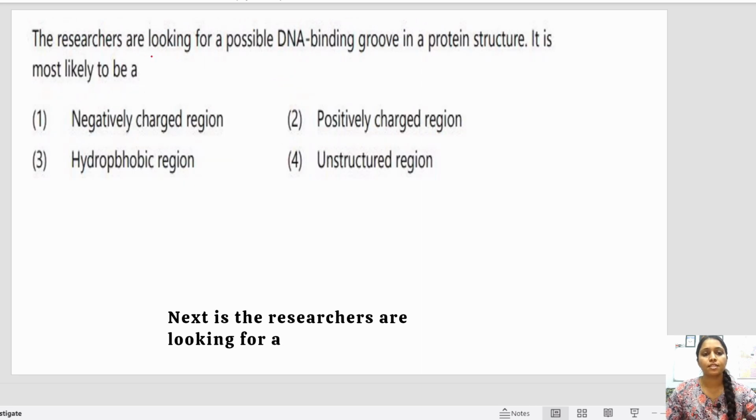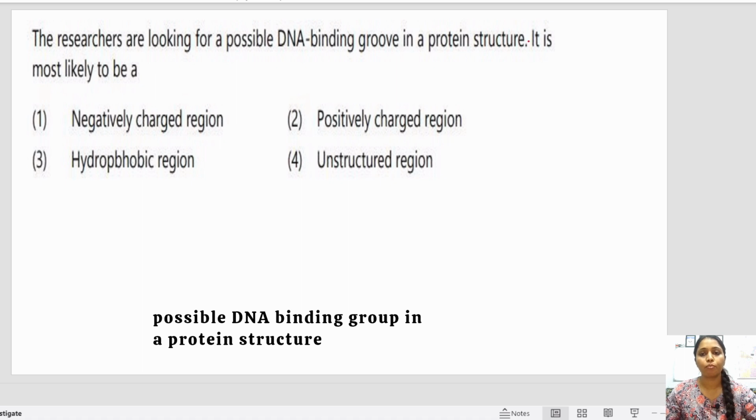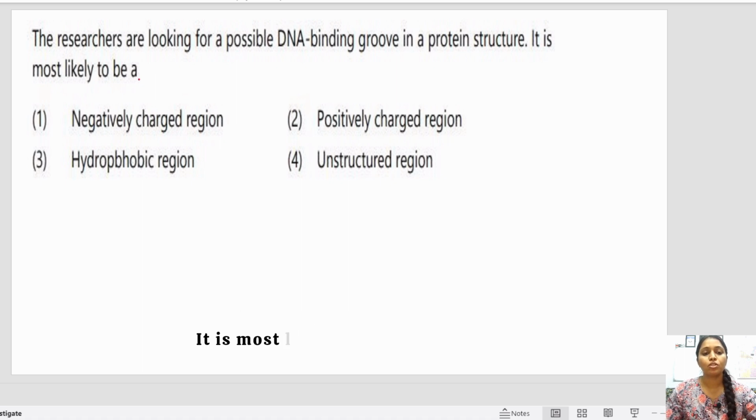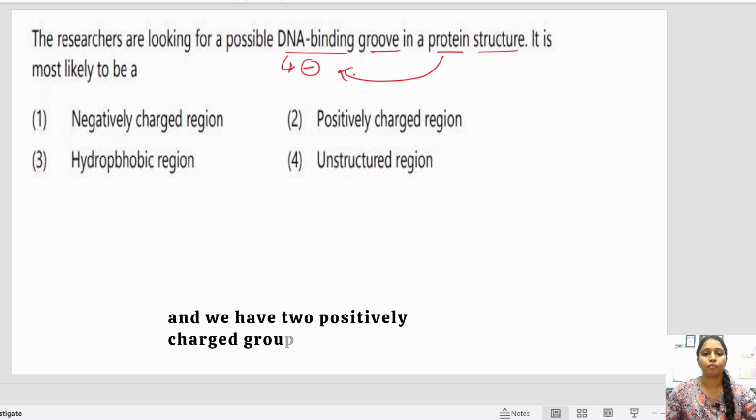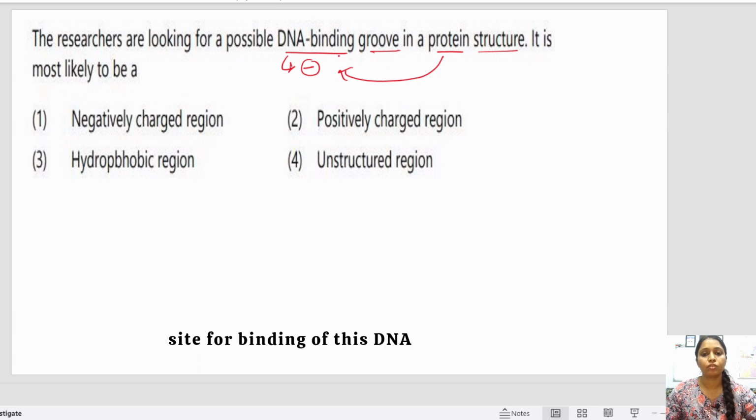Next is: the researchers are looking for a possible DNA binding groove in a protein structure. It is most likely to be... So we all know that DNA is negatively charged, so we need positively charged sites for binding of this DNA.